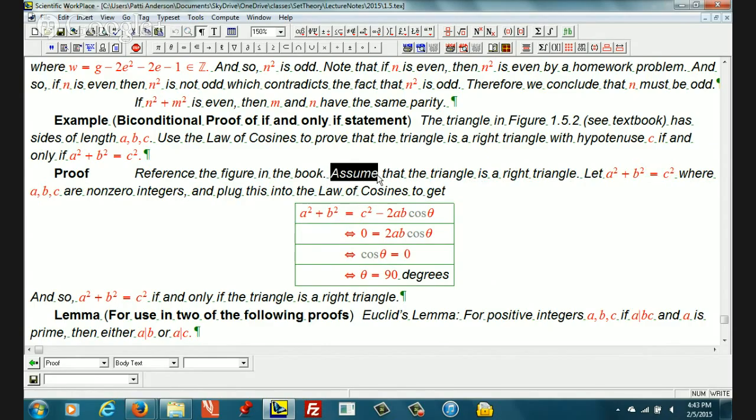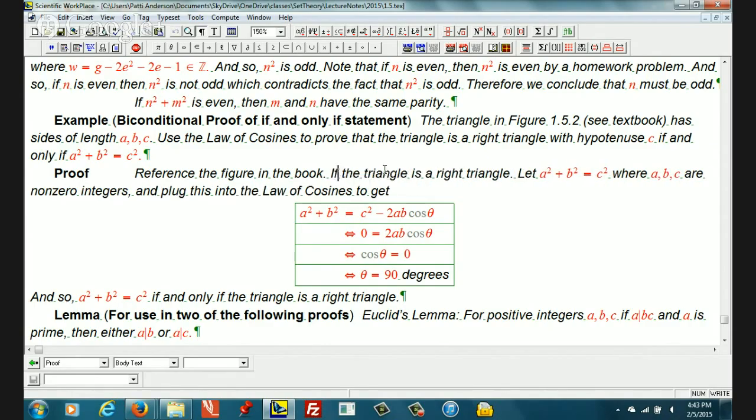If the triangle is a right triangle, then a squared plus b squared equals c squared. A, b, and c are non-zero integers, and plug this into the law of cosines, and then you can do your if and only if on it. There we go. And you guys can look over that last proof down there. We're done.